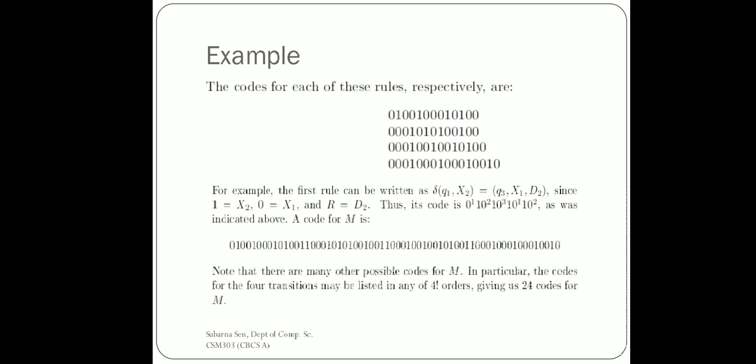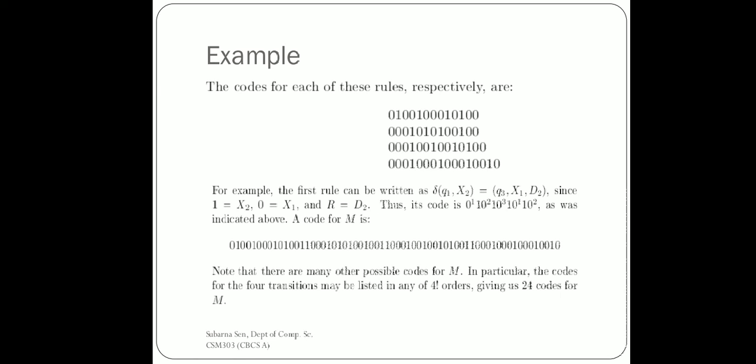Okay, now why have we written this code? The pattern may be different. Here we have written the first code first, then 1 1, then the second code, then 1 1, the third code, 1 1, then the fourth code. We can arrange it in any of the possible choices, whatever way my Turing machine is processing. We can write the fourth code first, then the second, then the first, then the third.